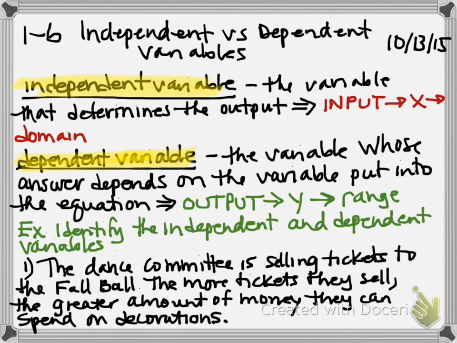Okay. So my job is to figure out which one is the independent and which one is the dependent. Sometimes I think it's easier to figure out the dependent. Which one of these scenarios depends upon something else happening? Okay. So again, the dance committee is selling tickets to the fall ball. The more tickets they sell, the greater the amount of money they can spend on decorations.